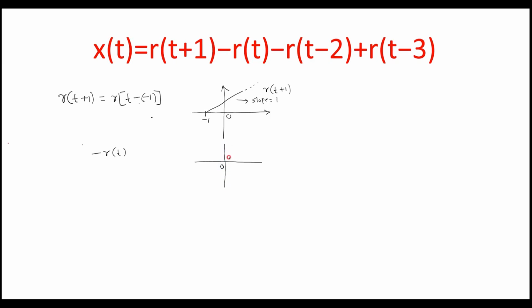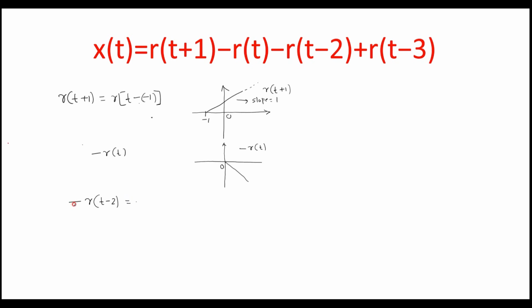That is, this is 0. So if it is positive, it will go like this. So it is minus, it should be represented like this. So this is minus r of t.